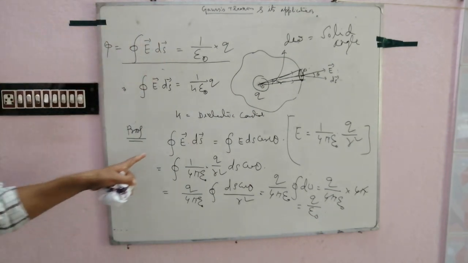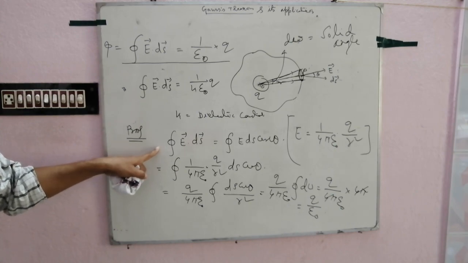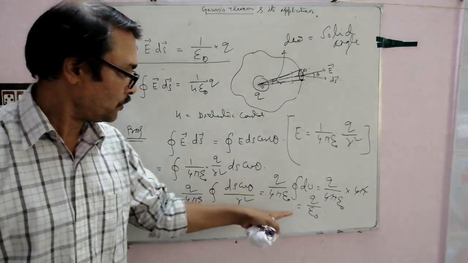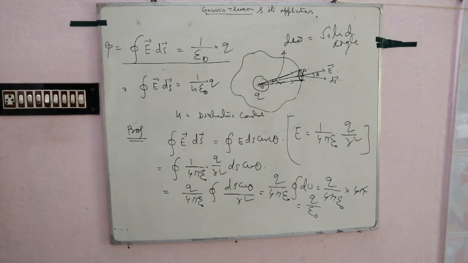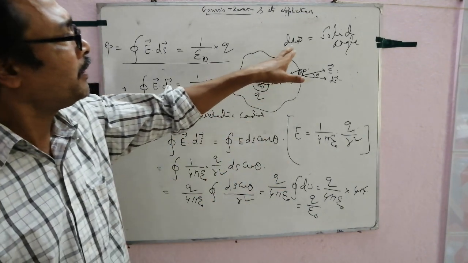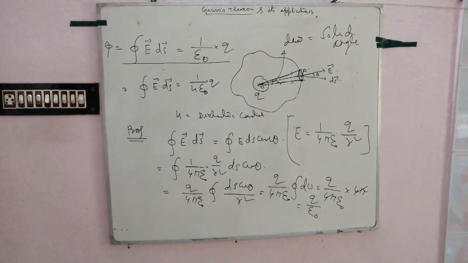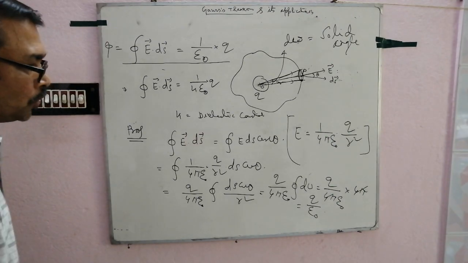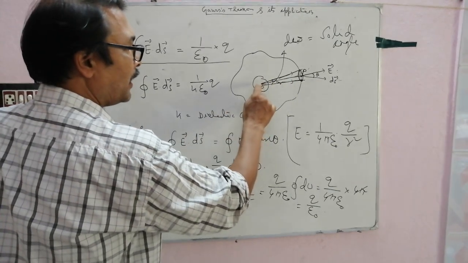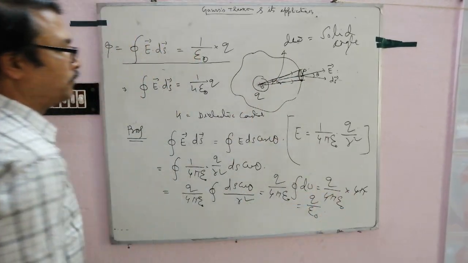So total flux over a closed surface in vacuum is q by epsilon naught. The charge q is enclosed by that closed surface. Here a new point you get, solid angle. Note that I now discuss solid angle. What is solid angle? The total solid angle at O due to the whole closed surface is 4 pi.